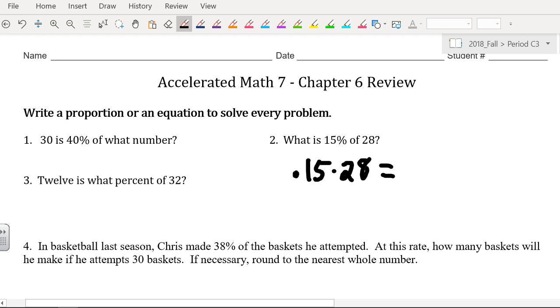Okay, if we're using the equation, then we put an unknown for the right side. Okay, and then what does it equal? 4.2. 4.2 equals x. Okay? You want to put an x for your unknown, but I understand what you were doing, right? Because if you just put equals 4.2, you're not using the equation, really. Okay, thank you.